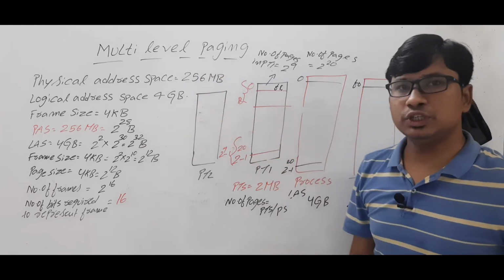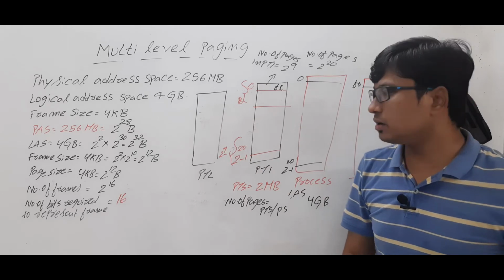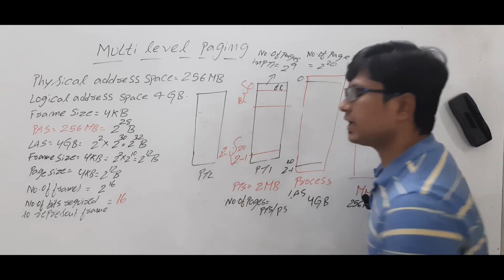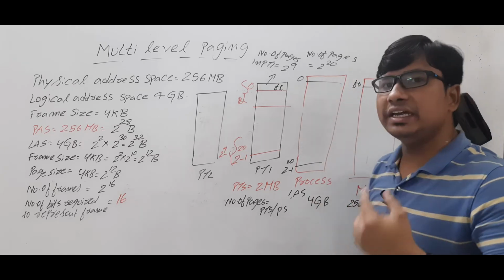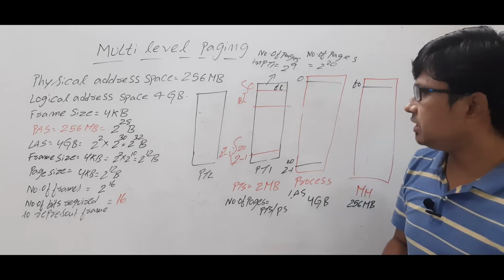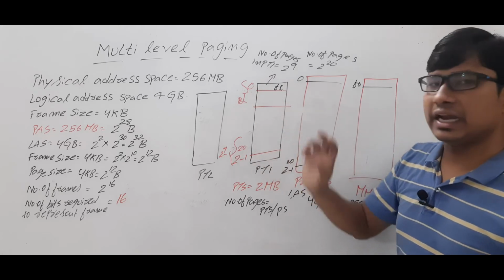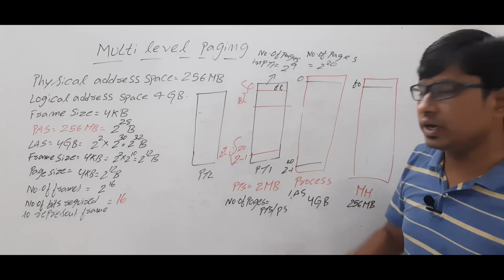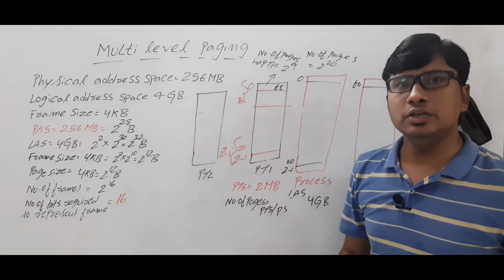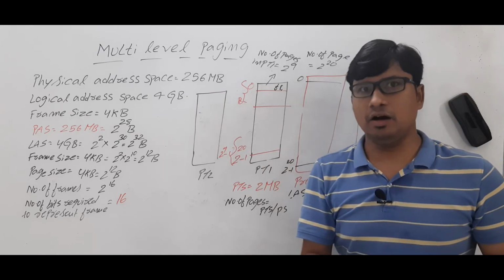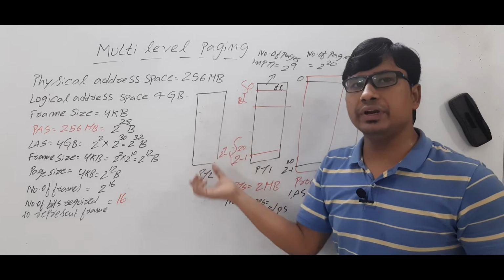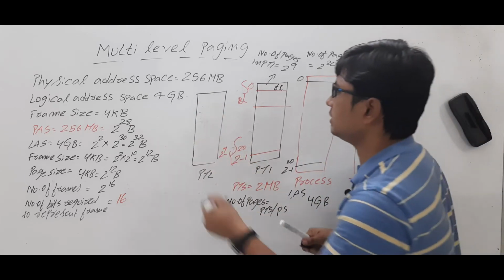That information we should store somewhere. Am I right or wrong? So we will have a page table 2. In page table 2, how many entries will be there? Can anyone tell me? If you have 2 power 9 pages of this page table 1, that information we are storing. So how many entries will be there? 2 power 9 entries, or I can say that 2 power 9 pieces of information will be there.